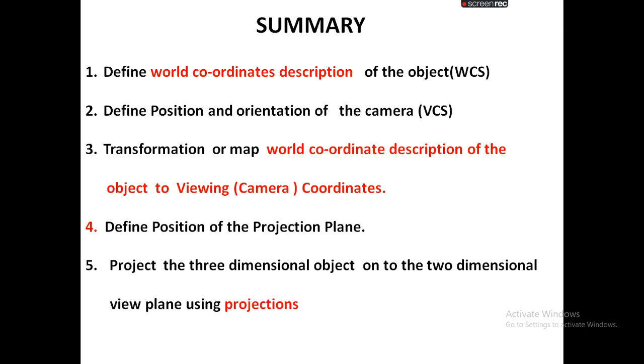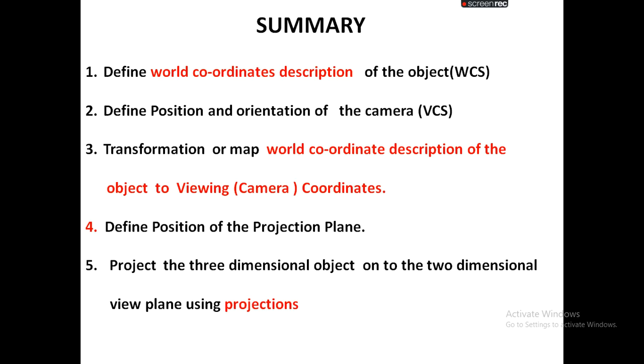Before going to the next topic, I would like to revise the 5 steps we need when we want to project a three-dimensional object on the screen of the monitor. First step, we need to define the position of the object in the world coordinate system.